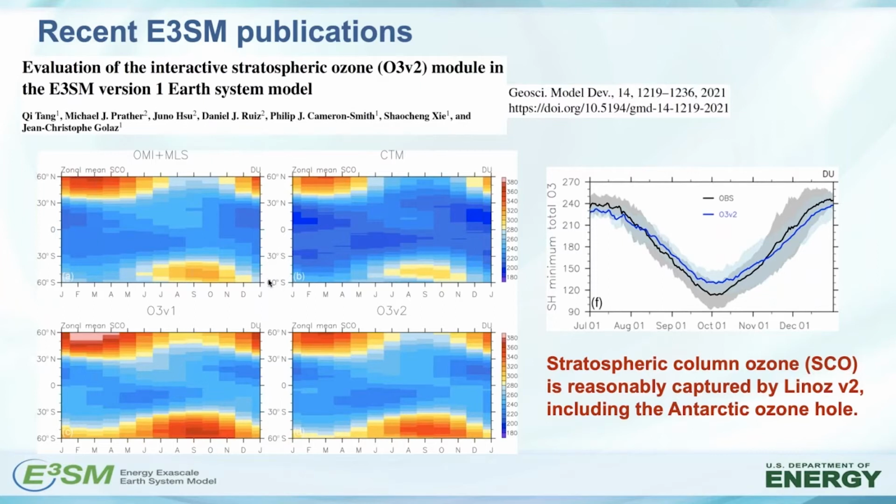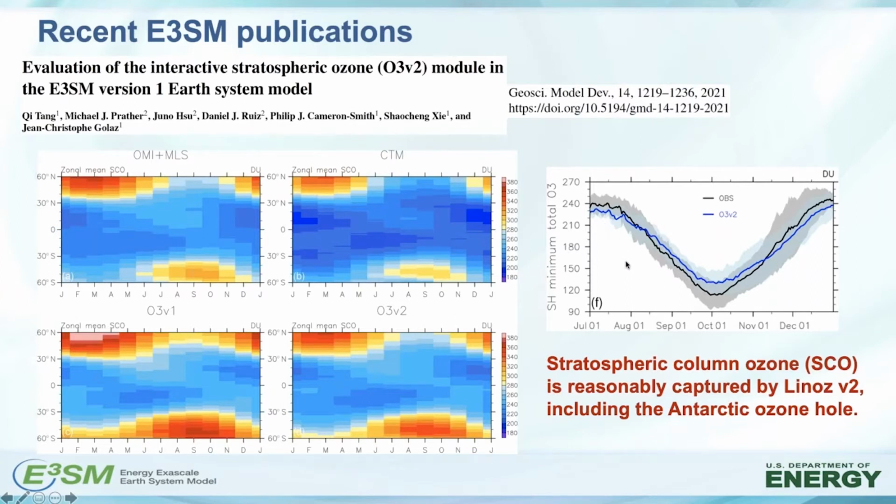In this one, we evaluated the stratospheric ozone in ozone V2. The left side shows the zonal mean stratospheric column ozone annual cycles from the satellite observation, the UCI chemistry transport model, CTM, ozone V1, and ozone V2. Clearly, we see overestimation of ozone V1 in the middle to high latitudes, and it has been corrected with the ozone V2 package.